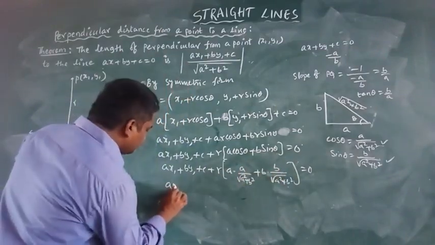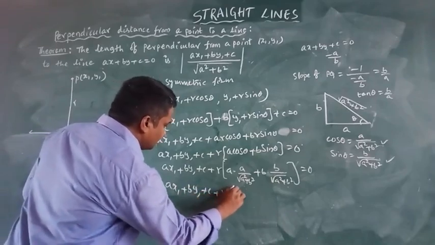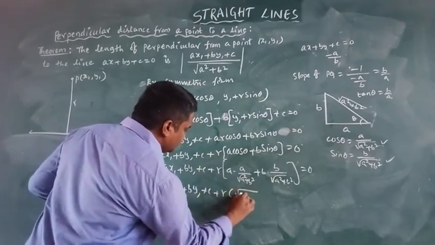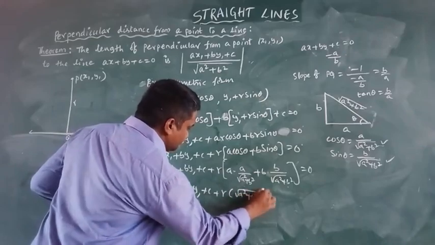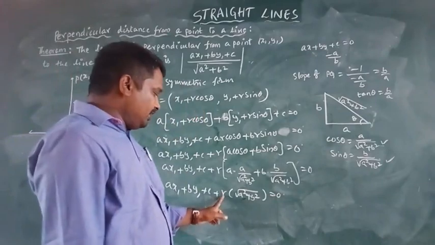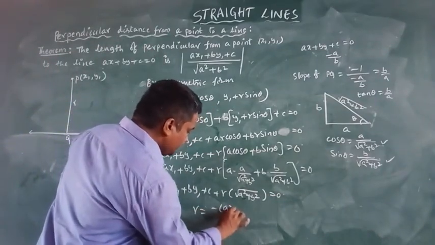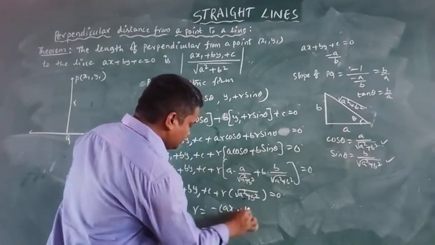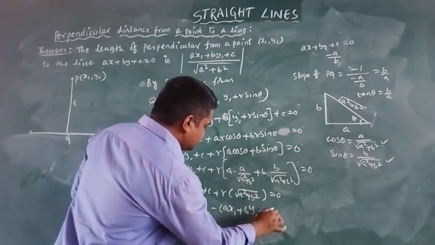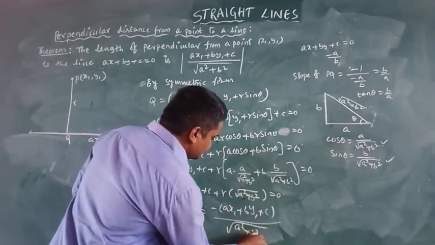So we may write ax1 + by1 + c + r times root over a square plus b square equals 0. So ultimately what we want is the r value. Transpose this side, then r equals minus of (ax1 + by1 + c) by root over a square plus b square.